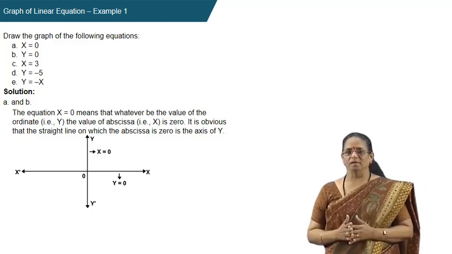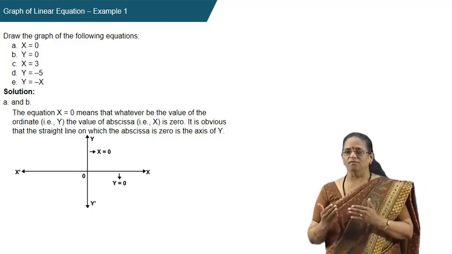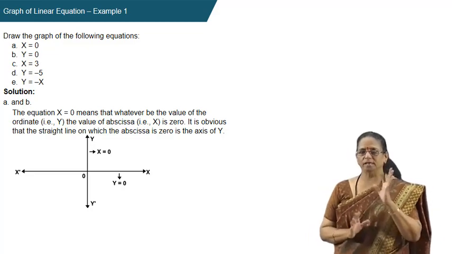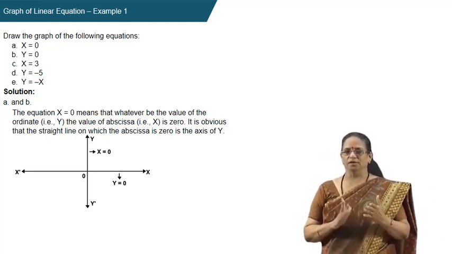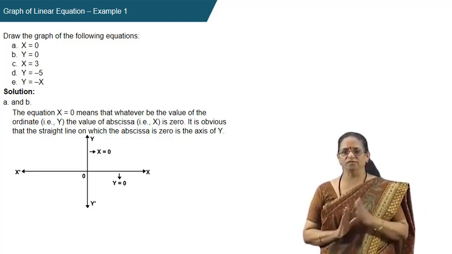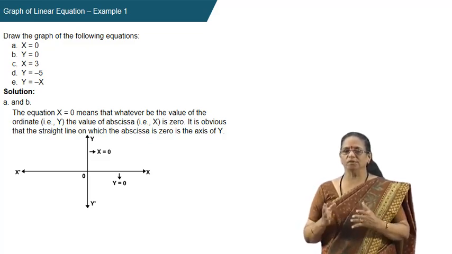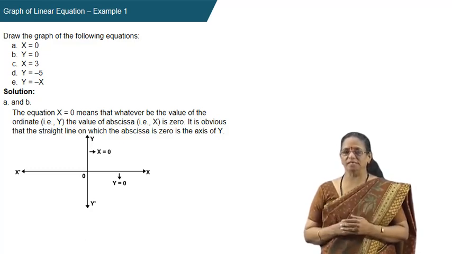Now let's look at some examples of equations, and let's see how to represent them graphically. To begin with, taking a very simple example, draw the graph of the following equations. The first one is x equal to 0. Now the equation x equal to 0, what does that mean? That for any value of the ordinate, when I say ordinate, I am talking about y-axis.